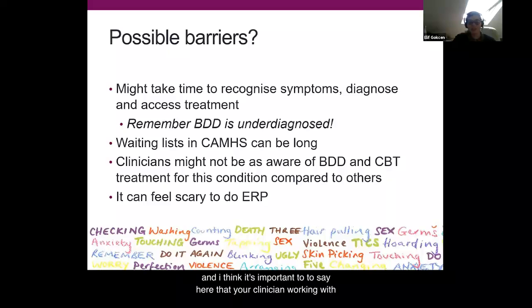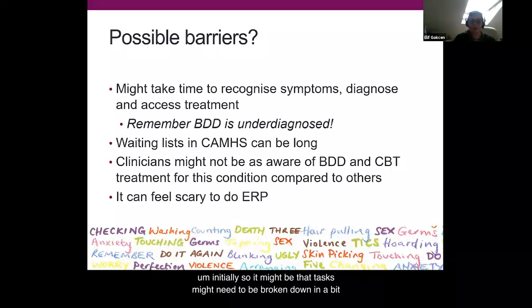And I think it's important to say here that your clinician working with you would be really open and happy to hear about some of these worries and concerns, so that they can support you in thinking about how they can make treatment more accessible, and what are some of the measures that they might be able to put into place that makes facing ERP less anxiety provoking initially.